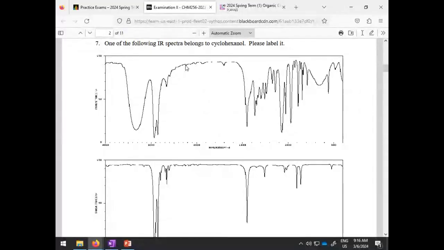The requirement also includes that alcohols and phenols have the CO bond, and the CO bond is not in the standard characteristic group region. You can consider it the fingerprint region.